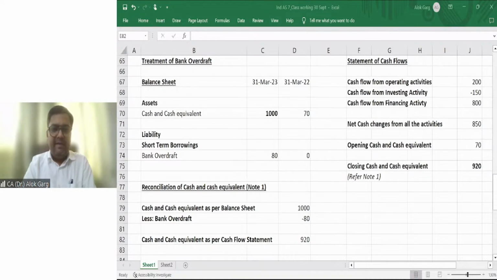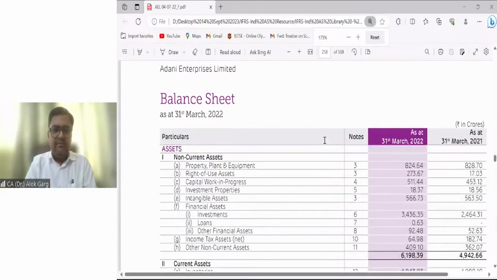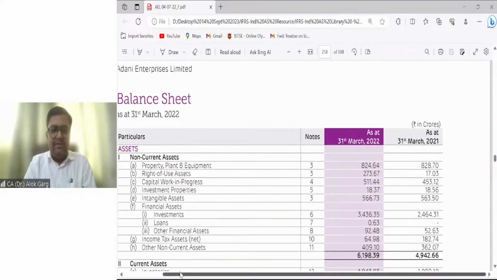I'll show you one practical example here from a listed company balance sheet as well. I'm just opening the balance sheet. Just give me a minute. Can you see this balance sheet of Adani Enterprises Limited?